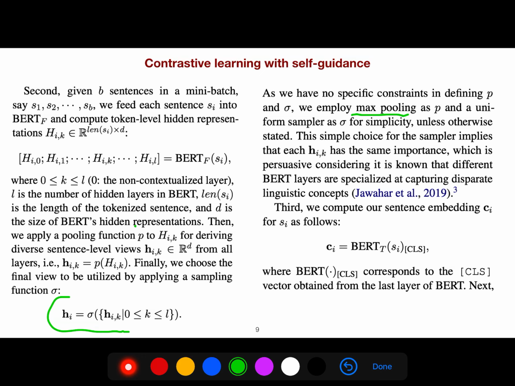Unless something else is set, this simple choice for the sampler implies that each H sub i,k has the same importance, which is persuasive considering it is known that different BERT layers are specialized. Third, we compute our sentence embedding C sub i, this is our sentence embedding for sentence S sub i, by giving it to the trained BERT.